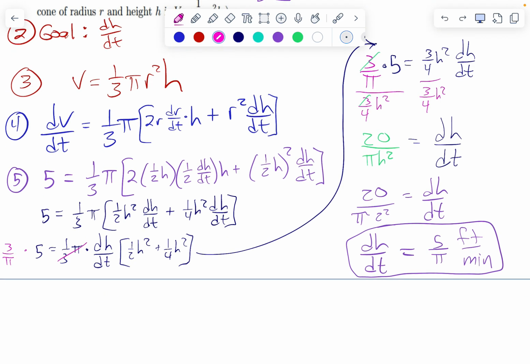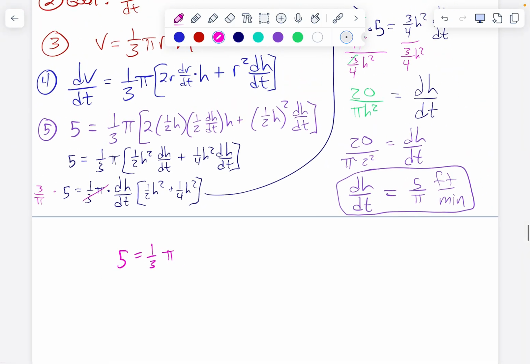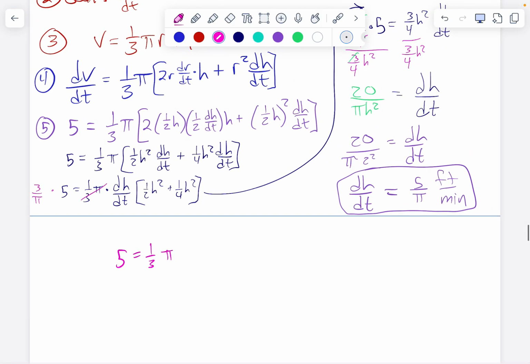Are you guys good if we take a moment to check that? Yes. Okay. So I'm going to kind of combine what I wrote as step 4 and 5 a little bit. So you guys check me as we go. 2 times 1, and then that's still going to be 1/2 dH dt times 2 plus 1/2 times 2 is just 1.